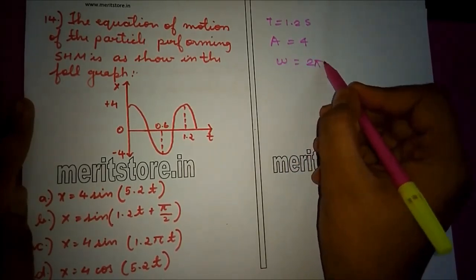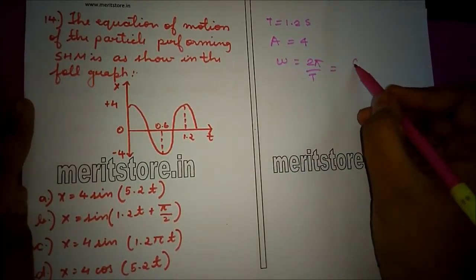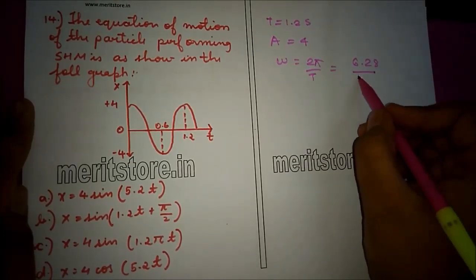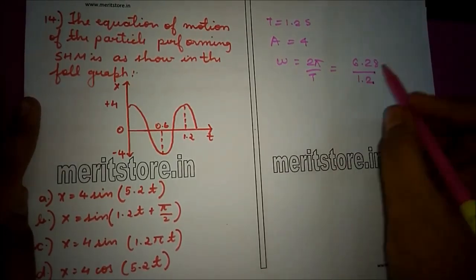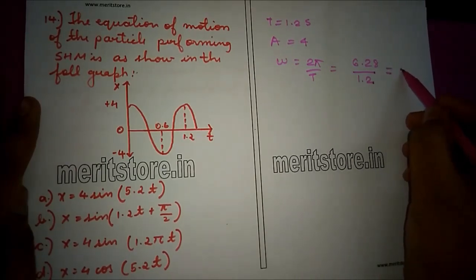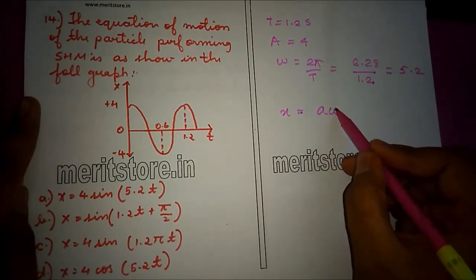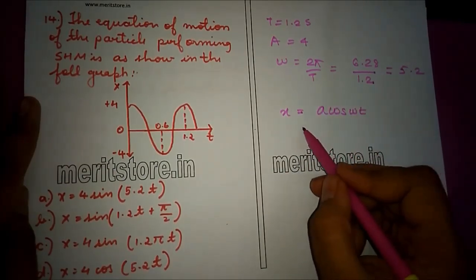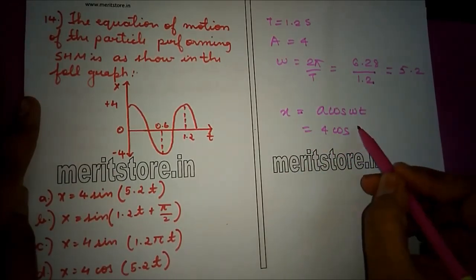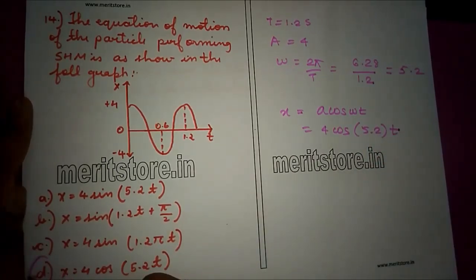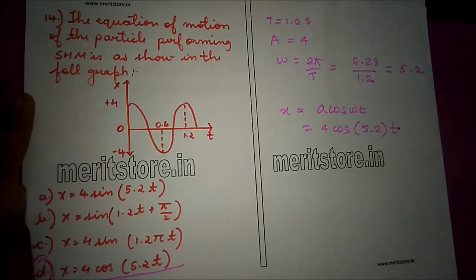Omega is 2 pi by T, which is equal to 6.28 upon 1.2, which is equal to 5.2. So x is equal to a cos omega t, which is equal to 4 cos 5.2 t. So option D, x is equal to 4 cos 5.2 t is the correct answer.